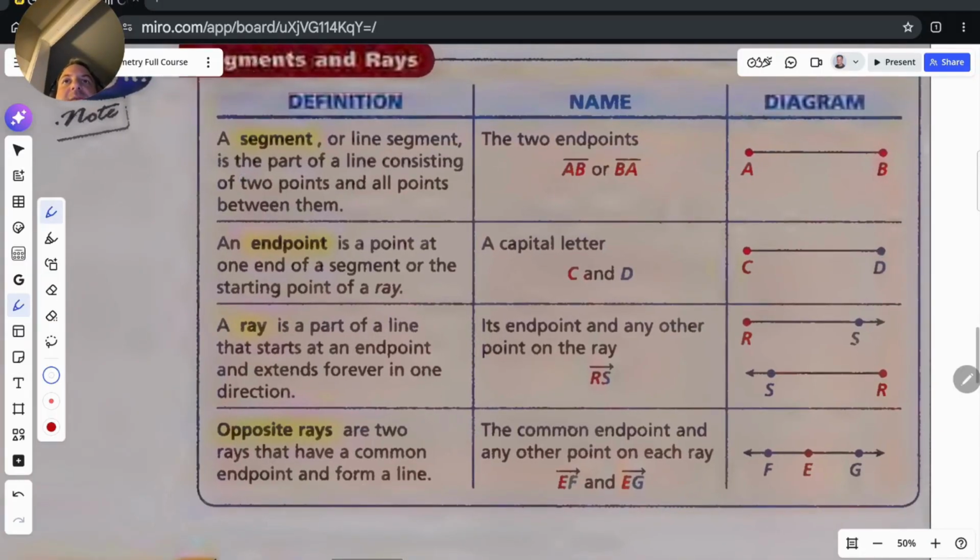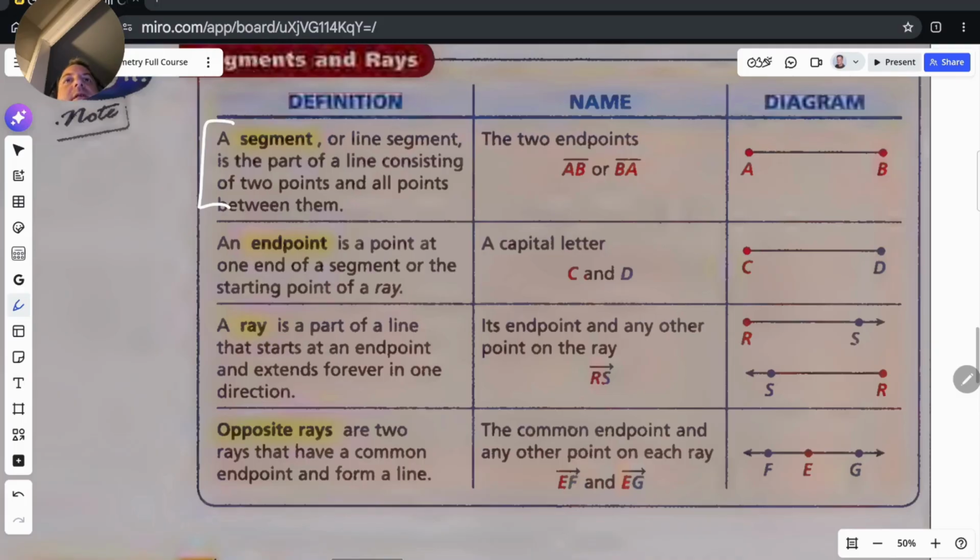Now we'll take a look here at segments, endpoints, rays, and opposite rays. Let's start off by defining a segment. A segment, or line segment, is the part of a line that includes 2 points and all of the points between them.